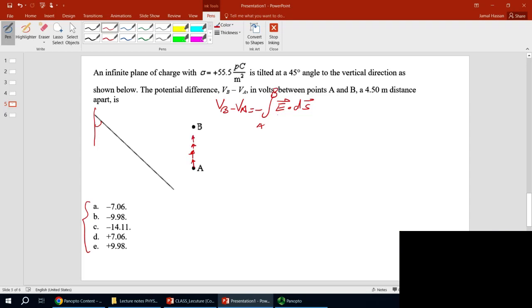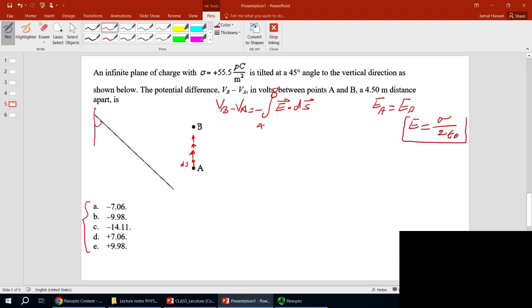Let's say these small vectors are ds. First thing we need to clarify is that the electric field at point A actually is the same value as the electric field at point B. So electric field at point A, value-wise and even direction, is equal to electric field at point B. In general, electric field is equal to sigma divided by 2 epsilon naught.